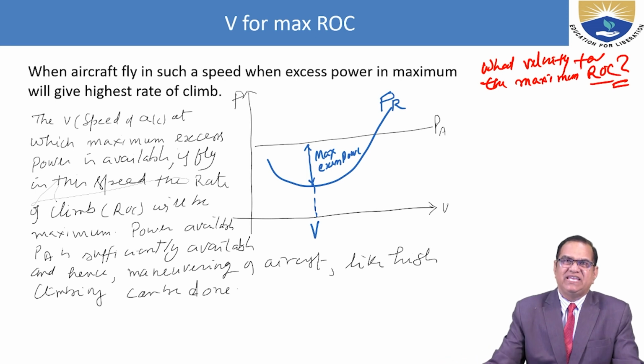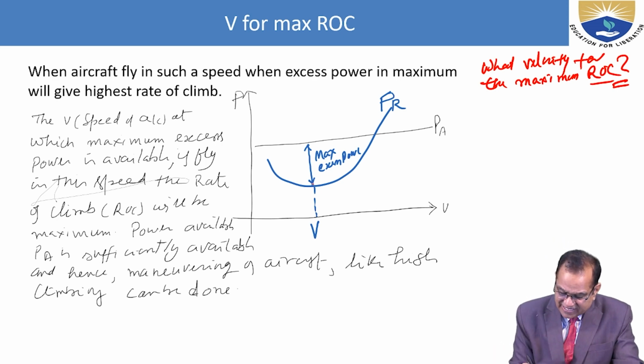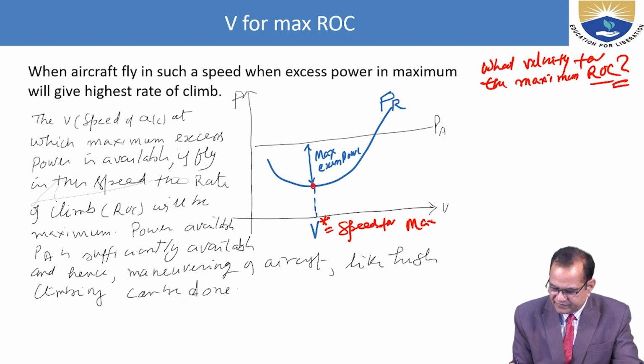When the aircraft flies at a speed where excess power is maximum, it will give the highest rate of climb. So if we fly at this point where excess power is maximum, this speed is the speed for maximum rate of climb.